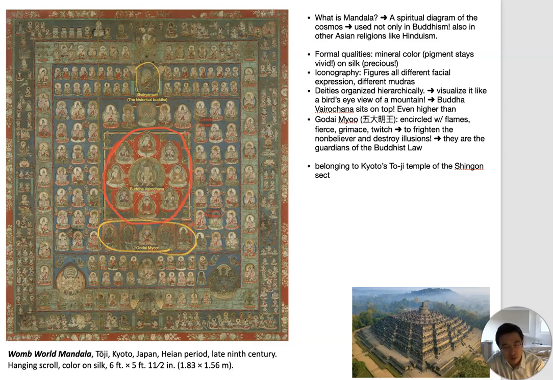But it turned out the way to look at it, the way this cosmos is represented, is like a bird's eye view. We imagine and visualize that we are looking at this mountain from on top. This is the mountain top, and then it goes down, one section down, another section down, another section down. If we look at it from the side view, it resembles a pyramid, something like a mountain, like this one.